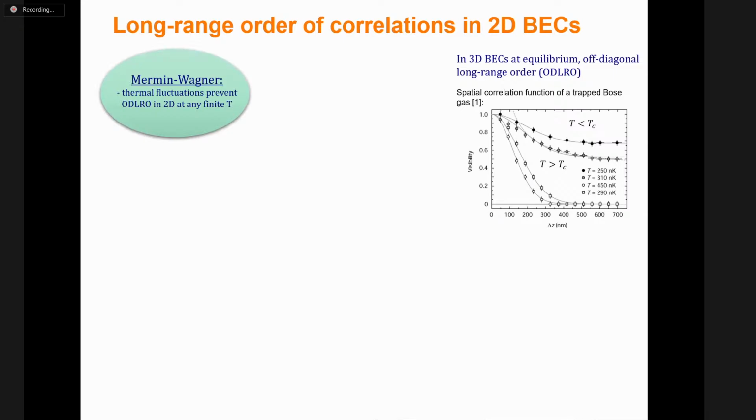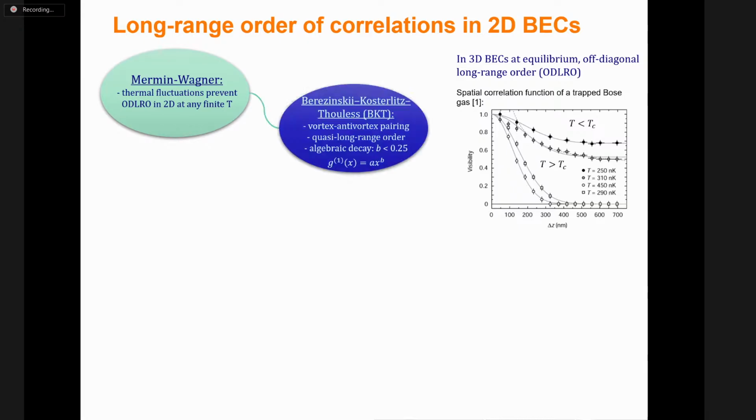Now, in two-dimensional BECs, the Mermin-Wagner theorem says that thermal fluctuations prevent the buildup of true off-diagonal long-range order, but there is a mechanism predicted by Berezinskii, Kosterlitz and Thouless, which says that in a two-dimensional system, through vortex-antivortex pairing, quasi-long-range order can be maintained, and this would show up as algebraic decay, so power law decay of the spatial correlations with exponent below 0.25.